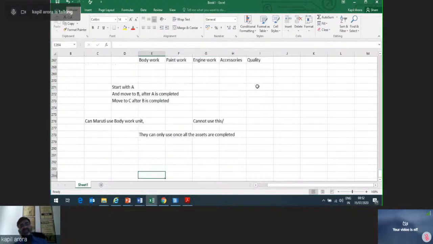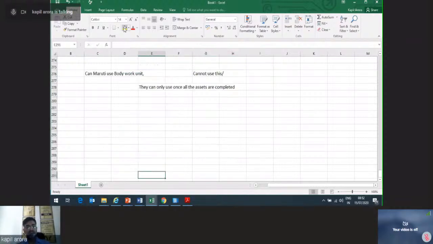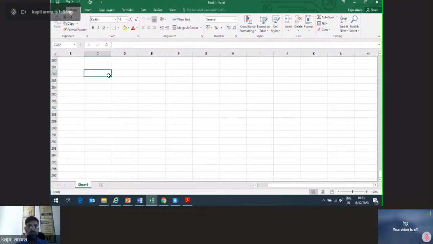So in this case, the period would be 1st April 19 to 31st December 2021, because all the units are part of the same asset. But let's think about DLF again.